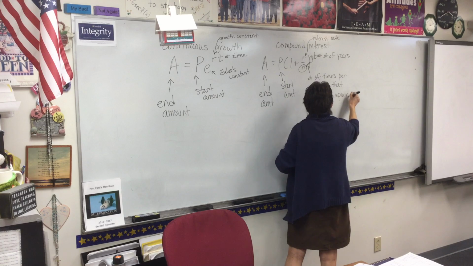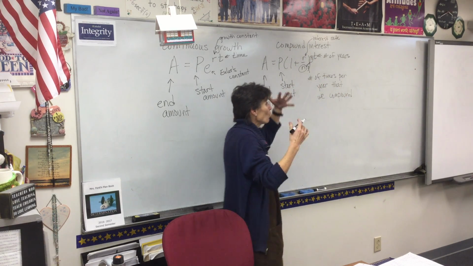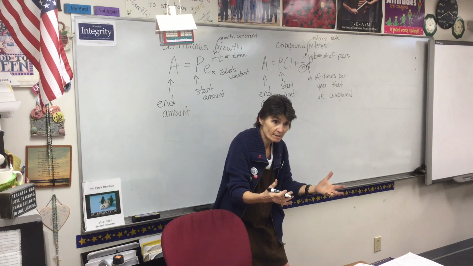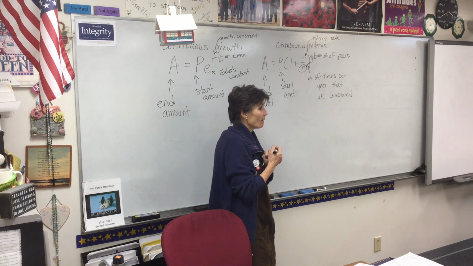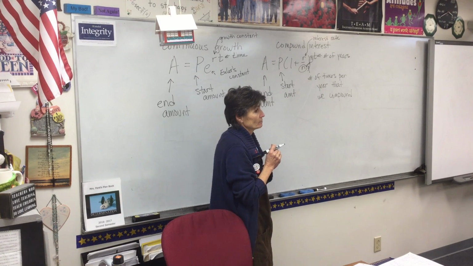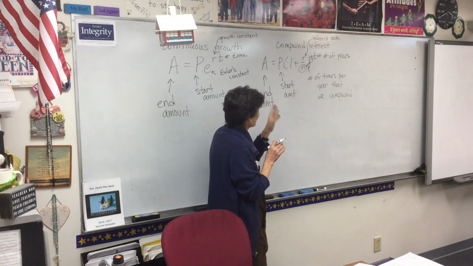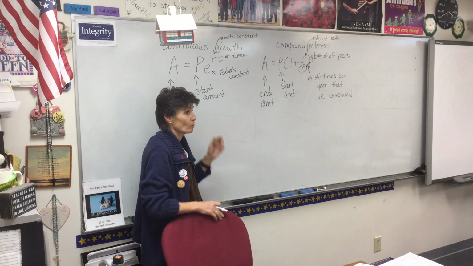Remember, this formula is compound interest. So if your problem were compounding quarterly, then N would be 4. Compounded monthly, N would be 12. Got it? Okay, anybody have any questions about this? Because I'm going to be erasing all this so we can actually do a problem.